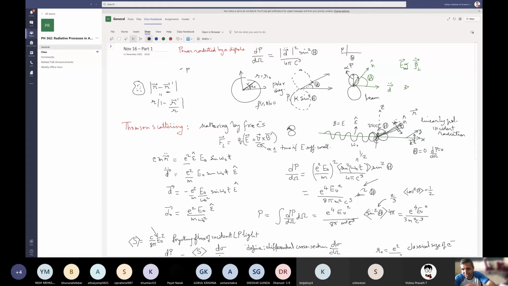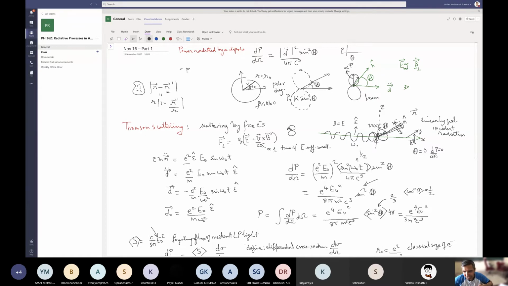So this figure 8 that I drew in the XZ plane, you can actually rotate it about the Z axis. That's the direction of symmetry. So you'll have this 8, which is sort of like a dumbbell, symmetric in the phi direction, about Z hat. So you will see maximum along Y hat as well. The power received in the Y hat direction will be the same as in the X hat direction.